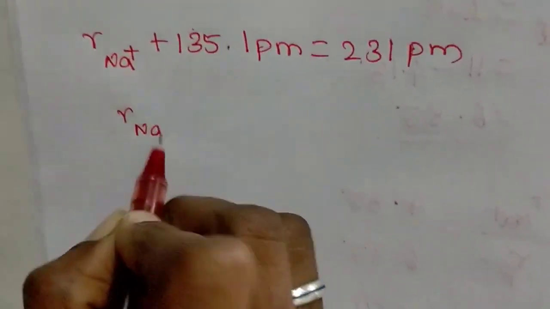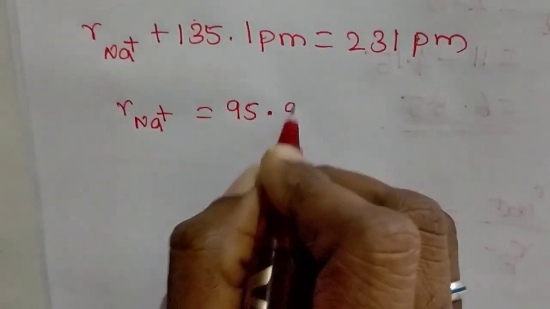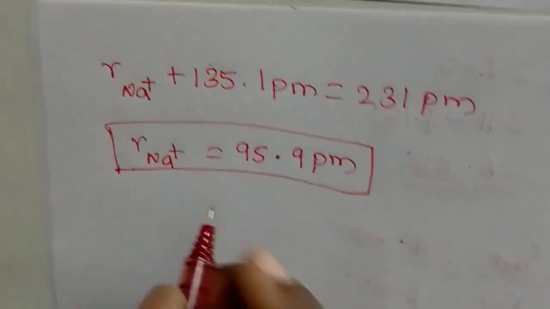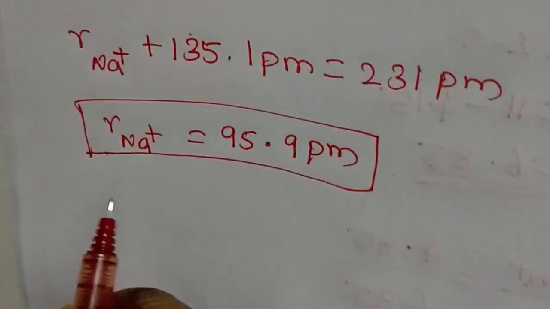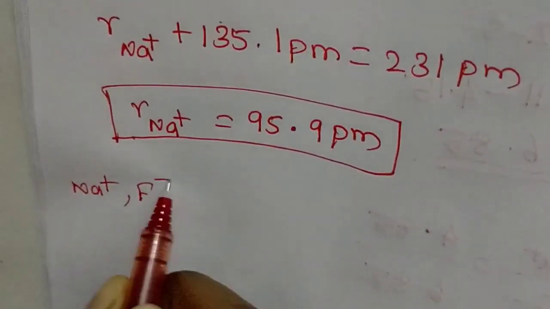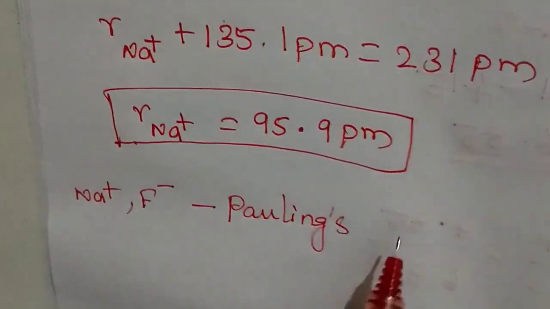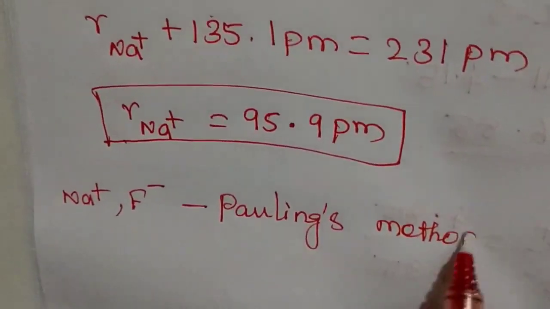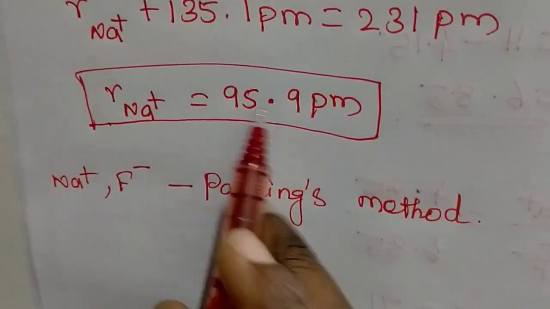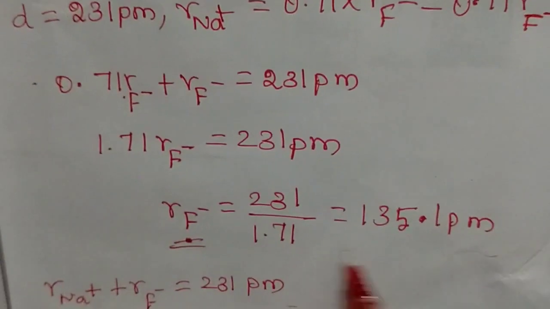So r_Na+ equal to 95.9 picometer. So the radii of the ions Na+ and F- are calculated by Pauling's method using the given experimental data: the r_Na+ value and the r_F- value.